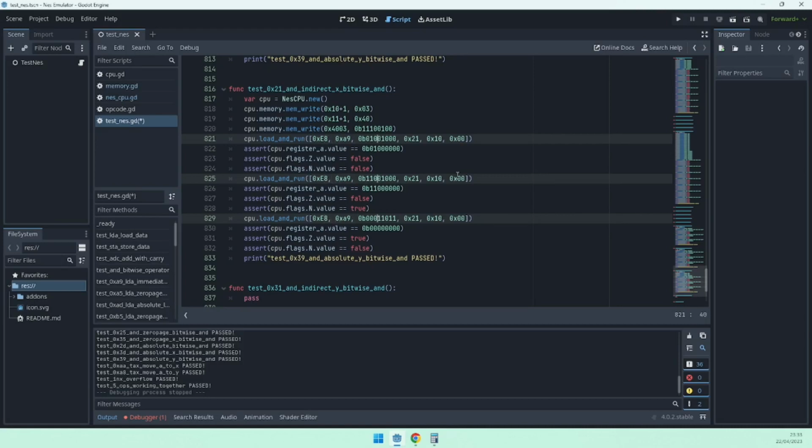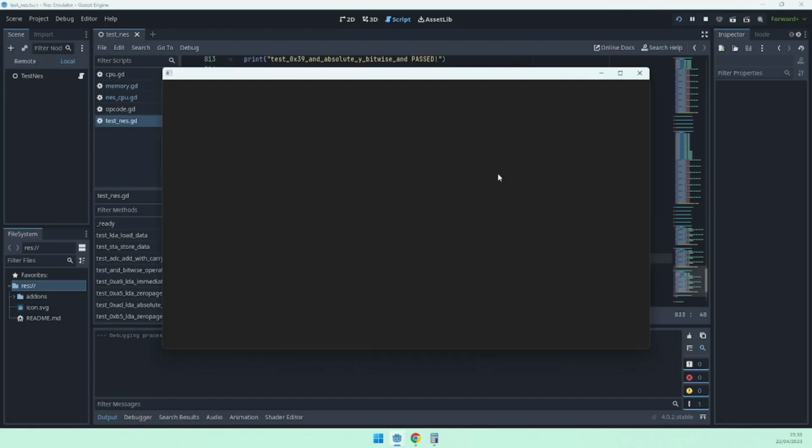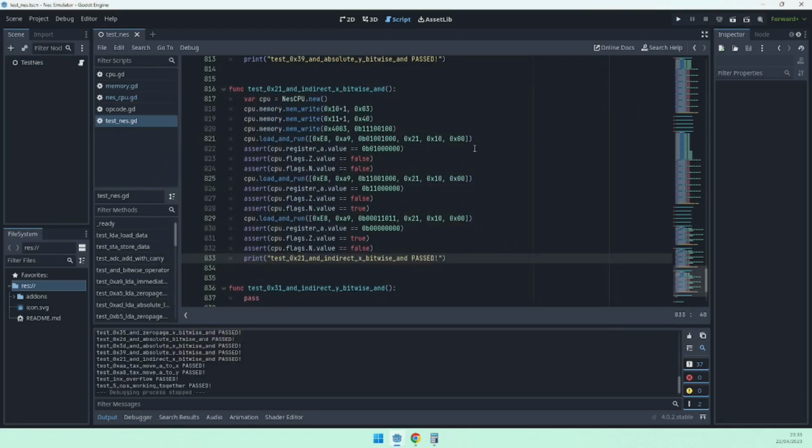And load our mash value, and then make indirect X access to our 10 plus X, that is 10 plus 1 memory address. So let's try it. And we change the print and it passes fast. Okay, awesome.